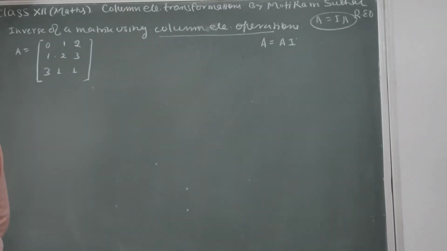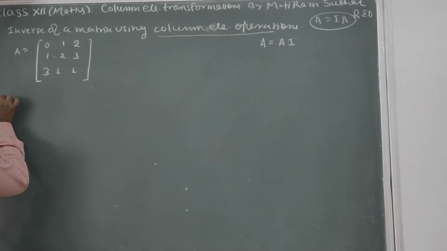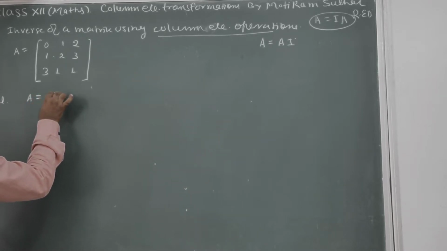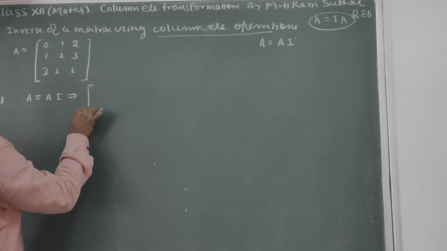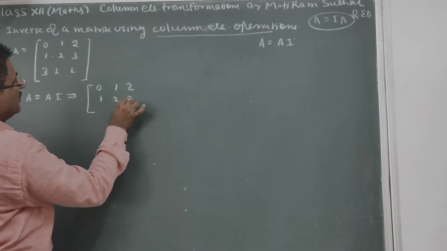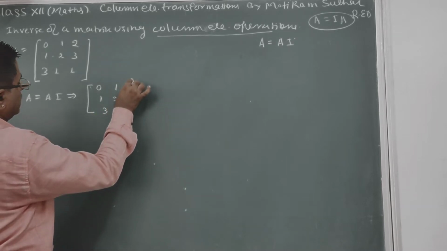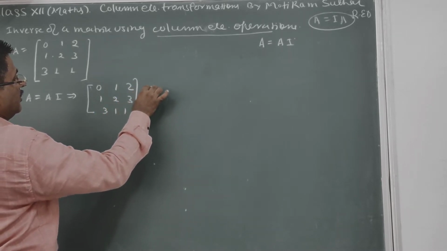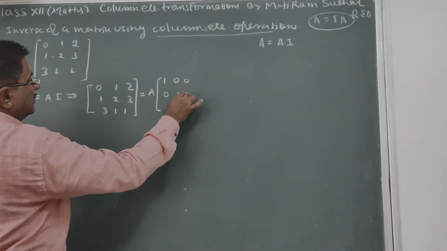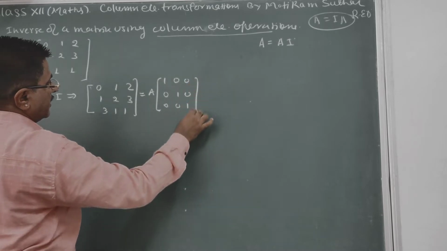So for this, we use the formula A equal to AI. In the solution, you write A as A into I. So put the value of the A matrix: 0, 1, 2, 1, 2, 3, 3, 1, 1. This is the matrix A is equal to A, and the identity matrix corresponding, we take of order 3. So this is the identity.